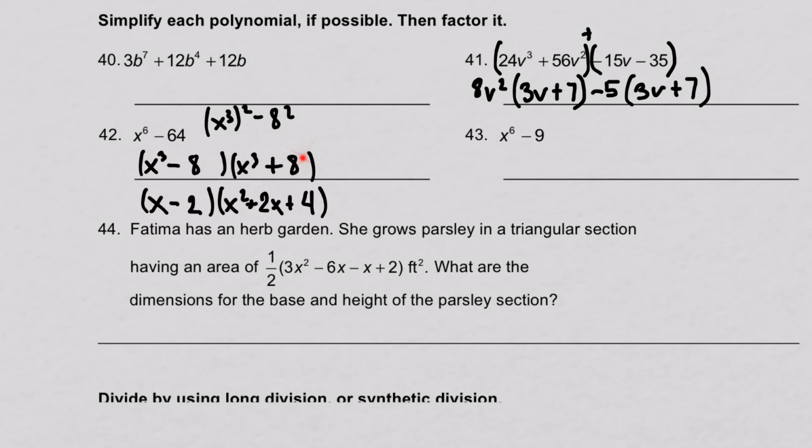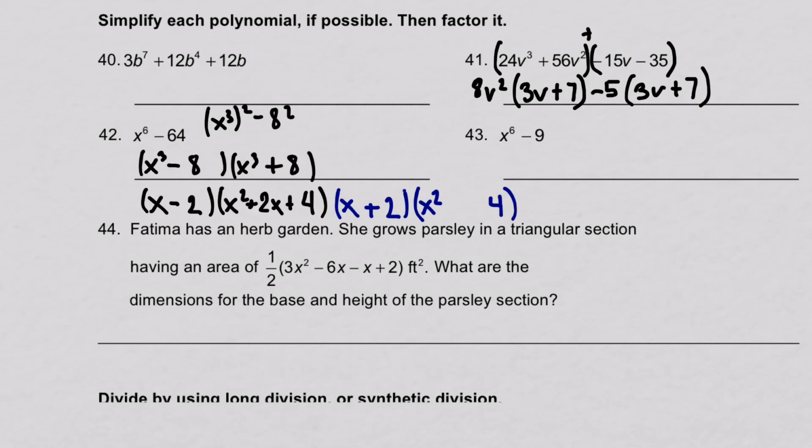Now x cubed plus 8, we're going to follow the exact same steps. I'll do that in different colors so it can stand out. So x cubed plus 8, once again, same thing. Binomial, trinomial. The cube root of the first term is x. The cube root of the second term is 2. And this one will be plus. The second term, the trinomial over here, will be x squared. So remember how it goes. This one squared, and this one squared will be the last term, so that's 4.